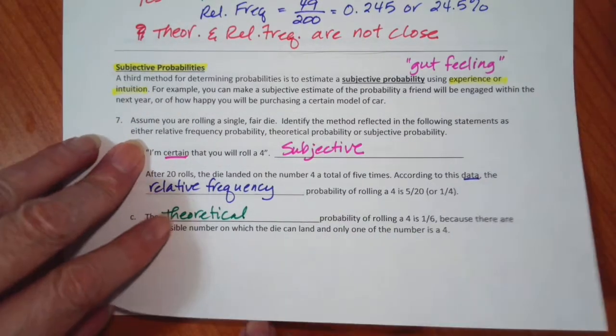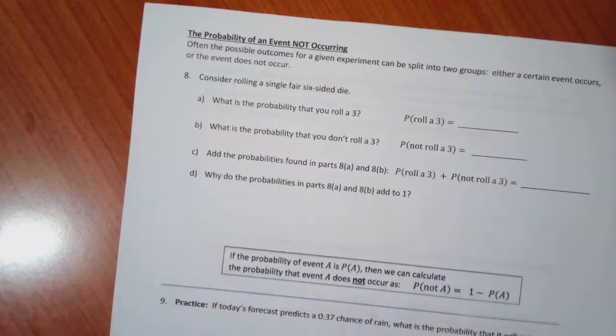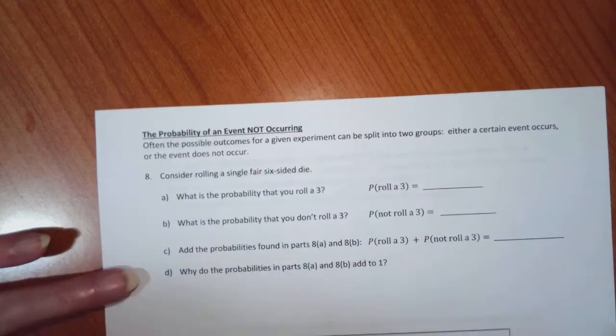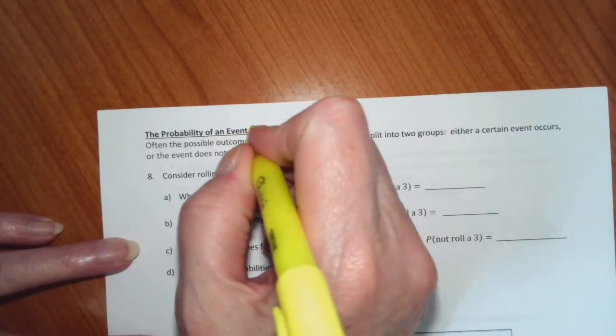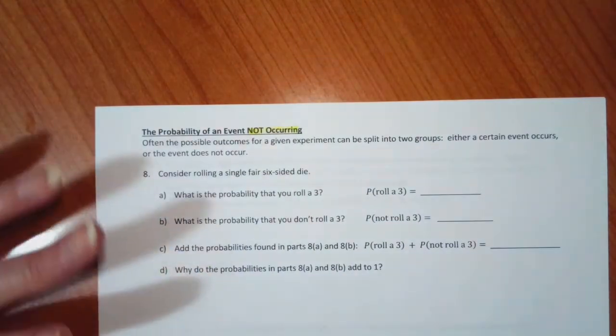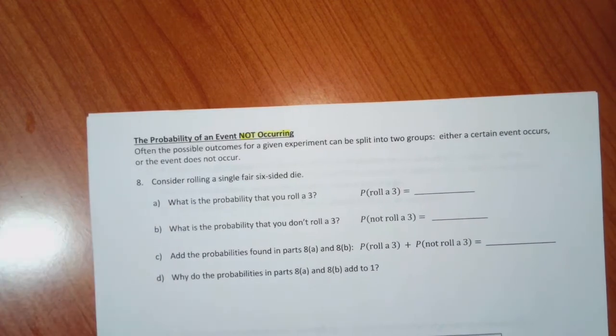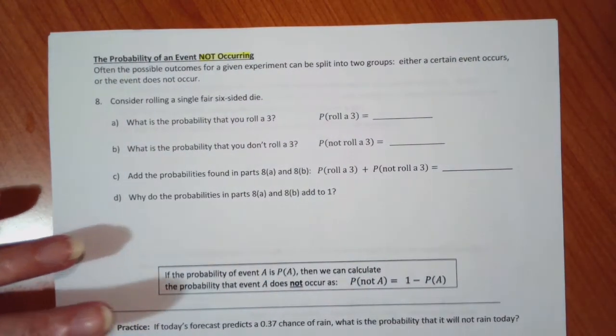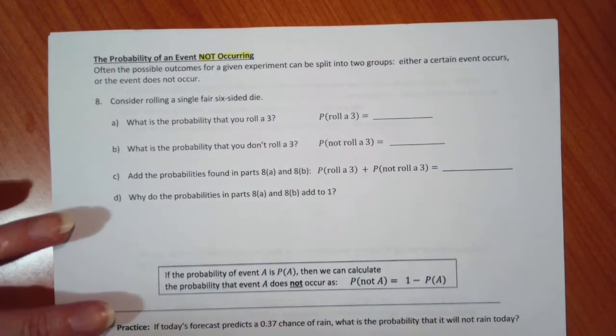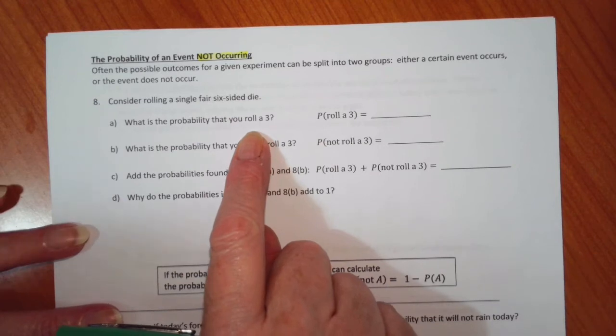Okay, so let's now move on to the next one, and let's talk about the probability of an event not occurring. Let's consider the rolling of a single fair 6-sided die, and this is going to go back to theoretical probability. What is the probability that you roll a 3?